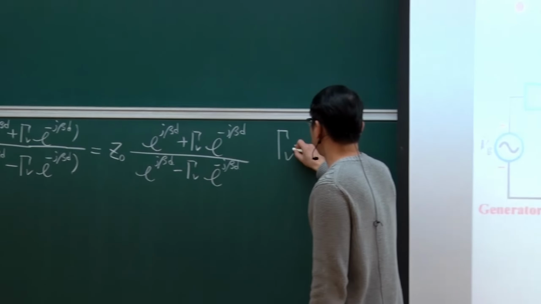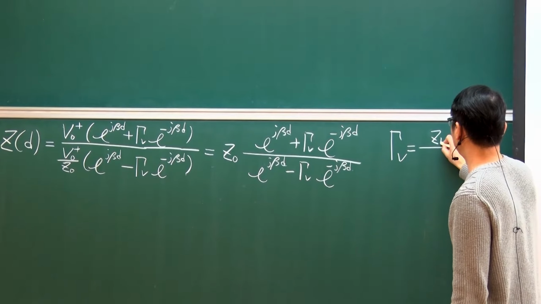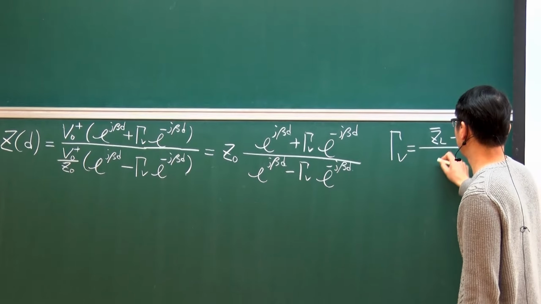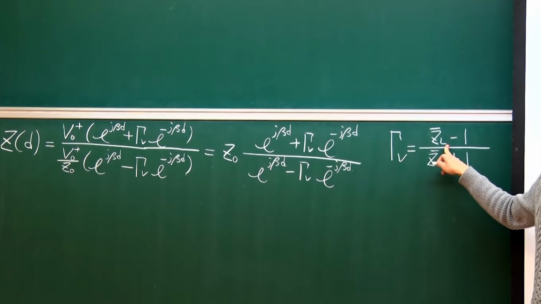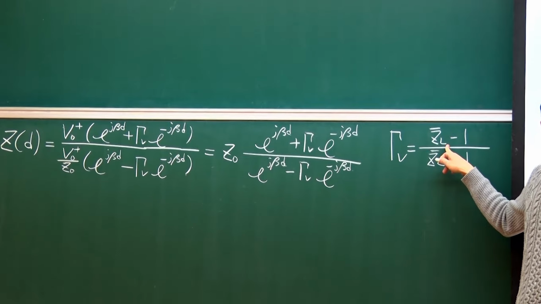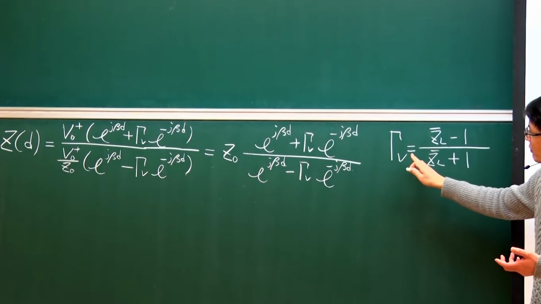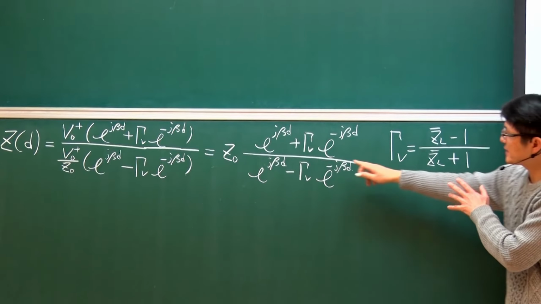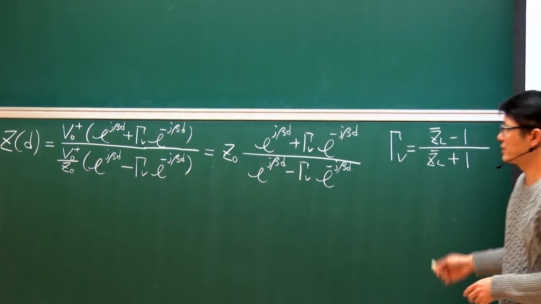Gamma V is nothing more than (z load minus 1) over (z load plus 1), where the load impedance is normalized by the characteristic impedance. So we only have to replace gamma V by this expression. So let's do the procedure.